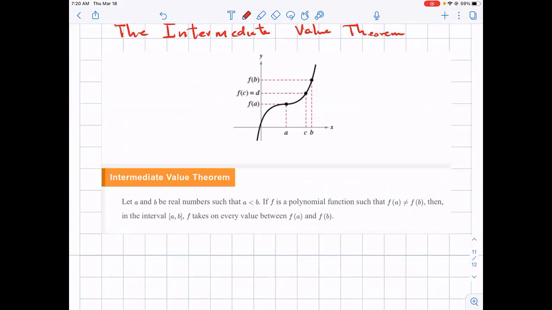If we have two x values, a and b, where a is less than b, and f is a polynomial function where the y values are not the same, then in that interval the function takes some value between f of a and f of b.